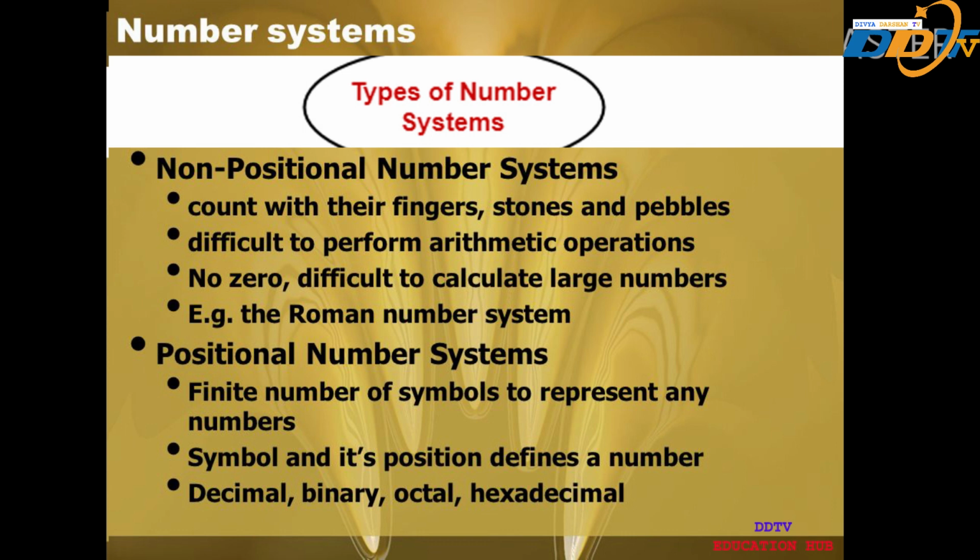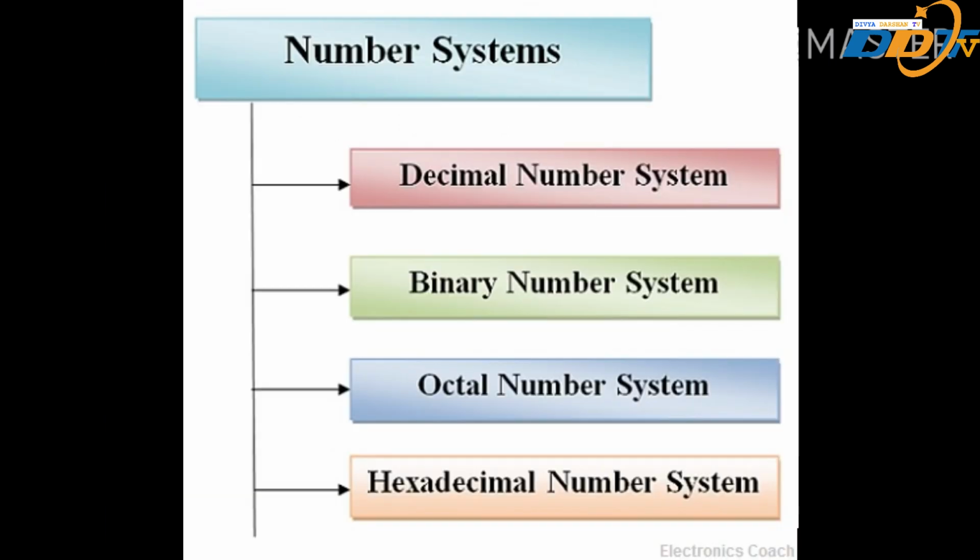Let's see the types of number system. So there are four types of positional number system, that is decimal number system, binary number system, octal number system and hexadecimal number system.